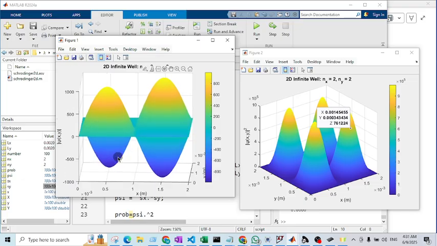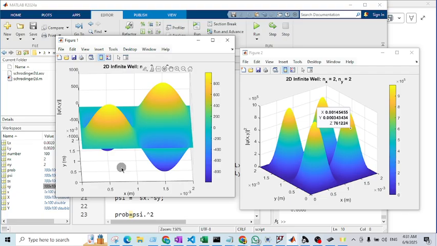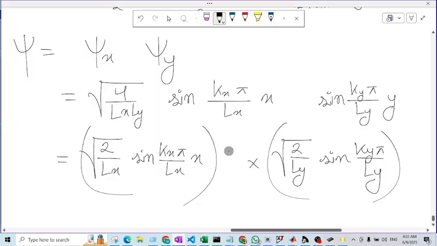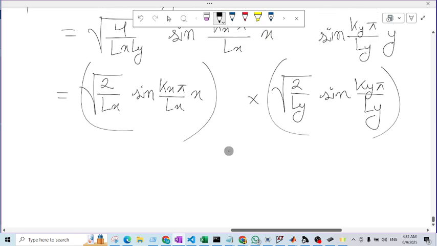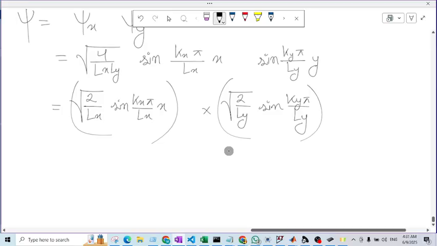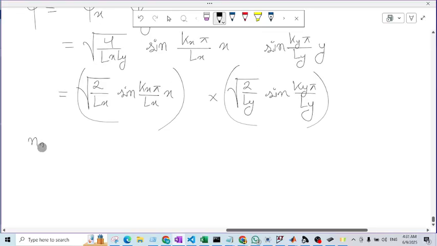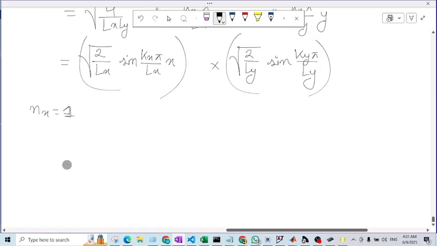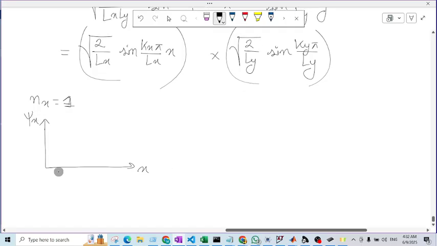So let me tell you why I get this thing. Okay, so let's write this here. For nx equal to 1, I will get the psi x versus x graph.